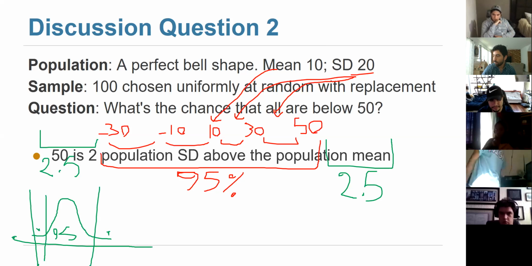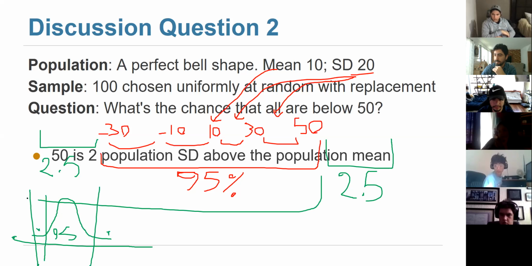If you take one sample from here, what is the chance it will be below 50? Okay, so 97.5. Yes, 97.5%, because this is all the thing that you have. The chance of taking one sample below 50 would be all this, 97.5.